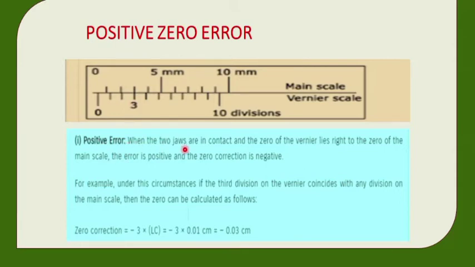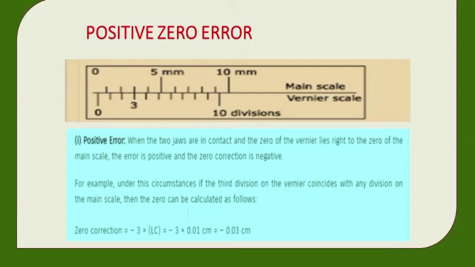When the two jaws are in contact and the zero of the vernier lies to the right of the zero of the main scale, the error is positive and the zero correction is negative. Like in this example, our zero correction would be negative 0.03 centimeter because the error is positive.